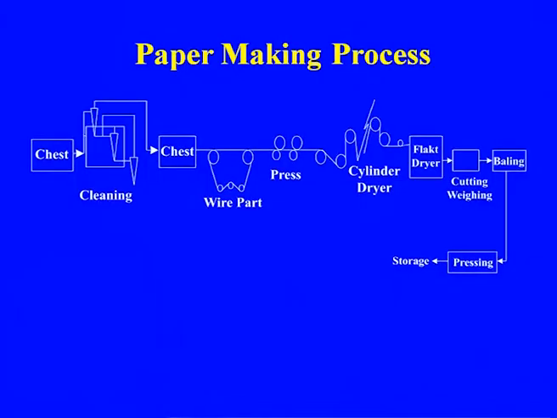This is actually the process which we are using in the case of paper. In brief, I will go into detail about the paper making process later, but this is the machine chest. From this chest, the pulp goes to final cleaning, where we use the centri-cleaners, and after the centri-cleaner, the pulp goes to the machine chest.